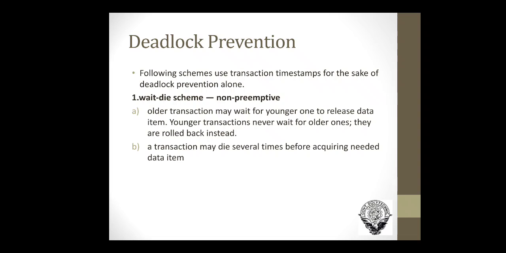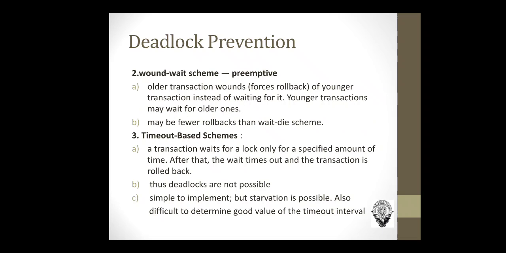A transaction may die several times before acquiring needed items. It may be possible that a particular transaction has to roll back multiple times until it is able to obtain a lock on a particular data item.